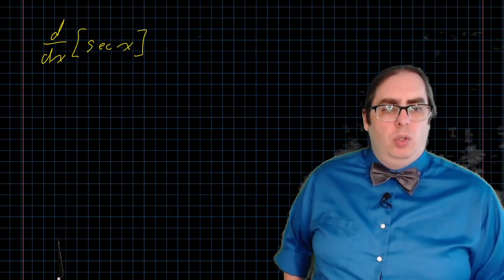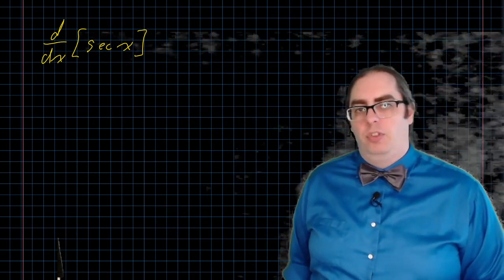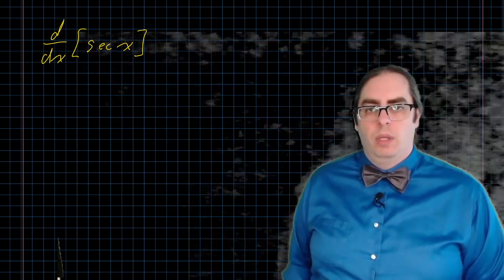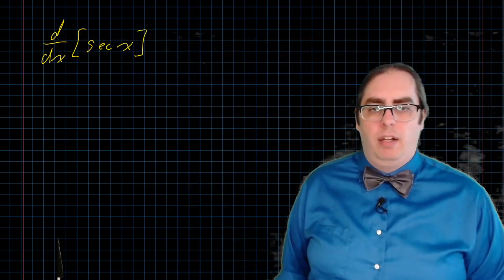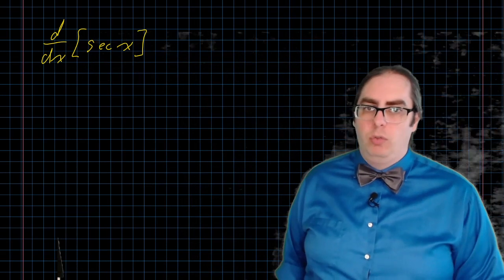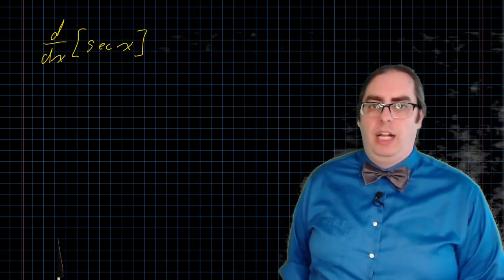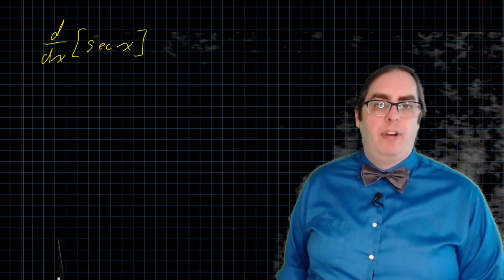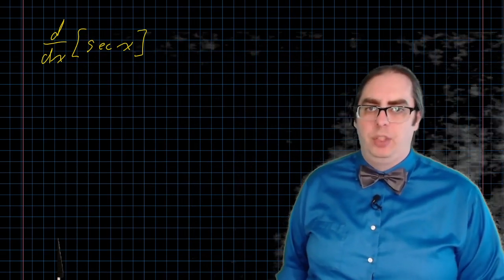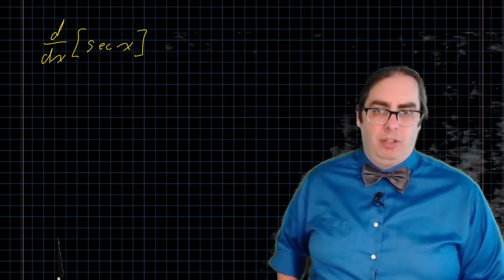I would like you to do the same thing for secant. This is another very common one. Knowing the derivative of secant offhand is going to be useful to you. You can easily look it up in a table of derivatives in our textbook or online, so you should be able to find what the solution is without much issue. That's not what I'm asking for.